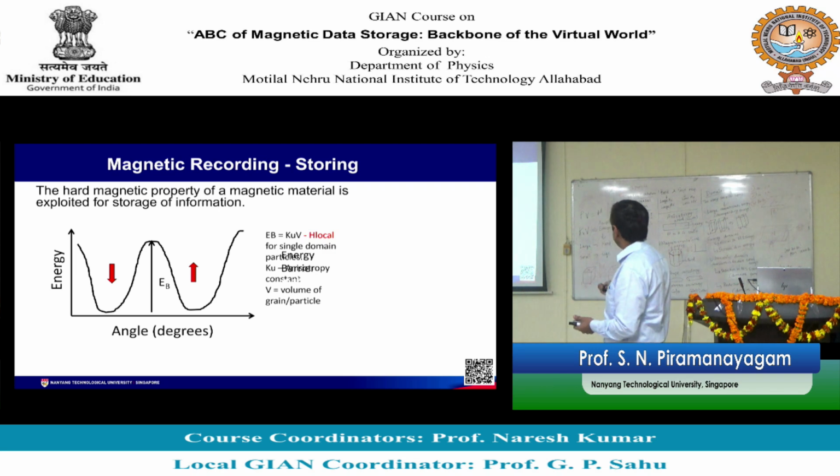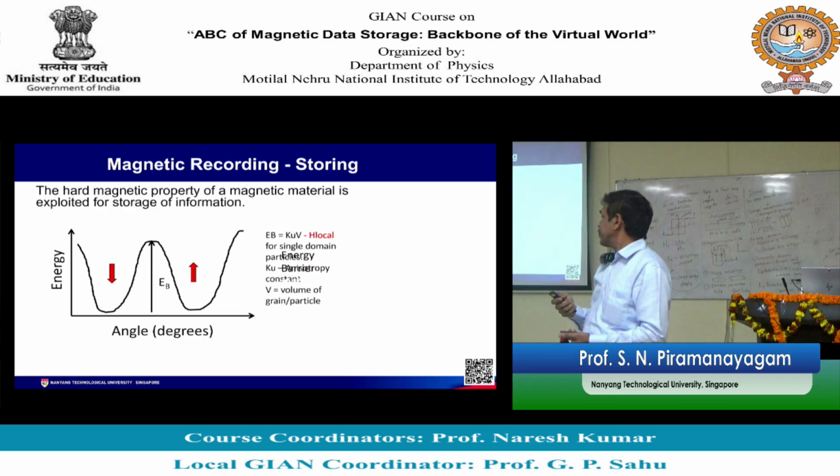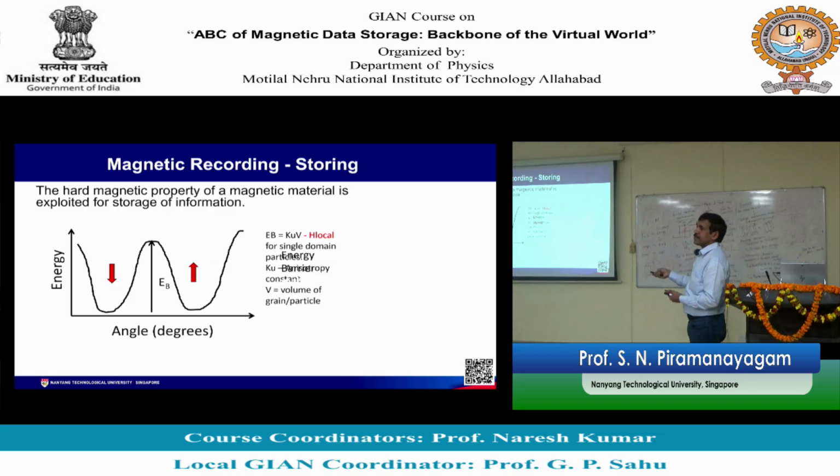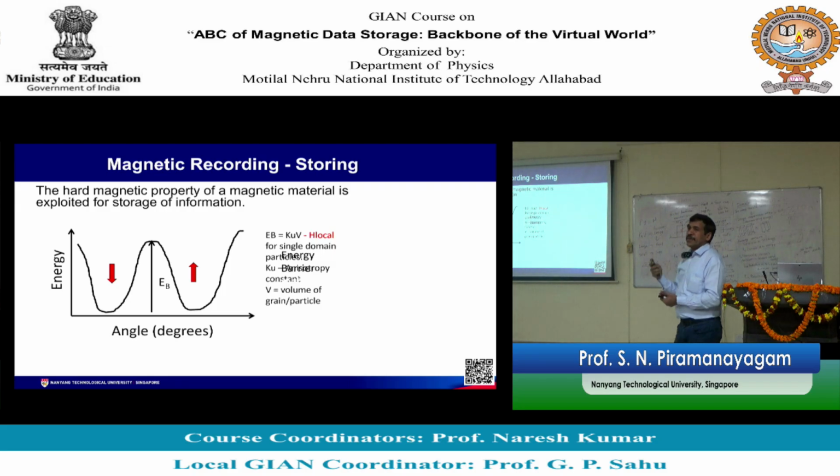If the anisotropy is very small, then you can flip the pole with very small magnetic field. Okay. So, this KuV is called anisotropy energy, or you can also use the word energy barrier. This energy barrier is the one that resists the flipping of magnetization from one to the other. Okay.